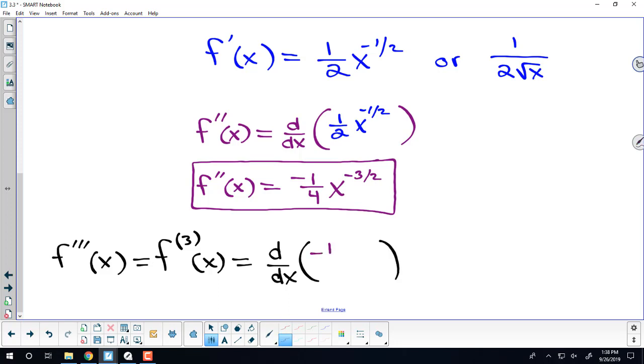So what's the derivative of the second derivative? 3/8 x to the negative. Yeah. So we have negative 3/2 comes out front to multiply the negative 1/4. So we have a positive 3 over 8 x to the 1 less power. So negative 3/2 minus 1 gives us negative 5/2.